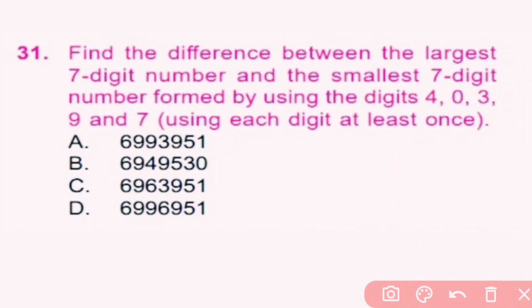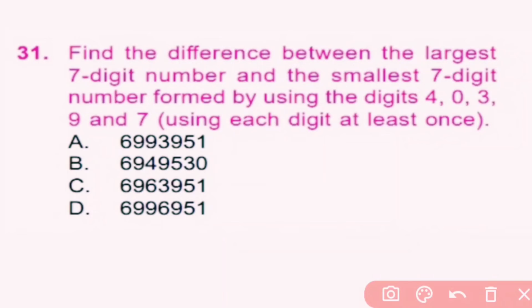Question number 31. Find the difference between the largest 7-digit number and the smallest 7-digit number formed by using the digits 4, 0, 3, 9 and 7, using each digit at least once.